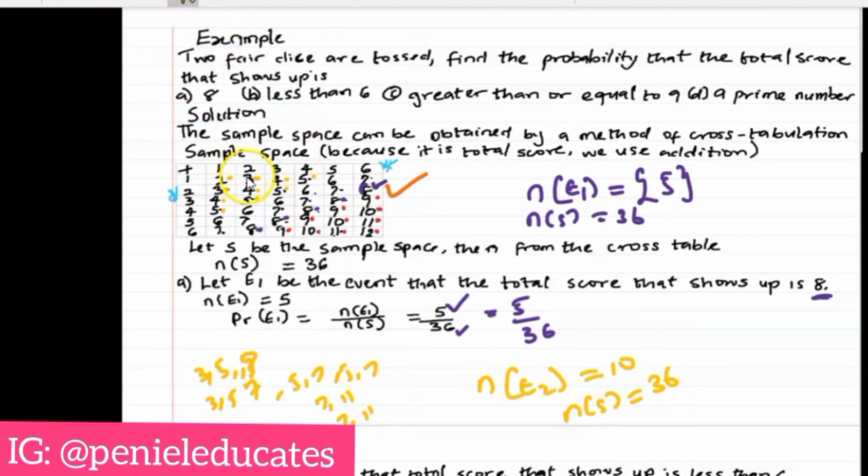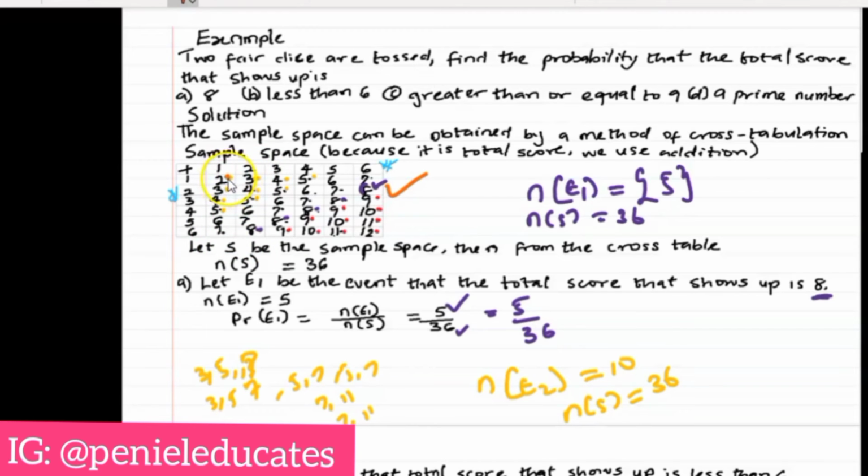We have 1, 2, 3, 4, 5, 6, 7, 8, 9, 10, 11, 12, 13, 14, and 15.